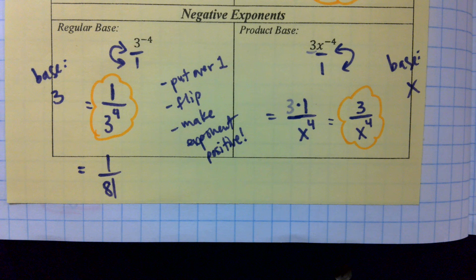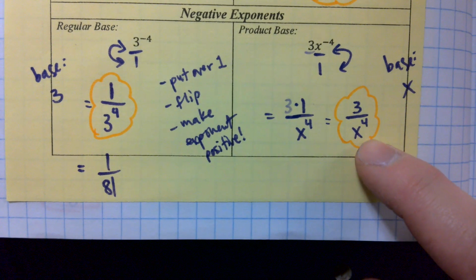If I then take this, put it over 1, flip it around and make it positive, that didn't touch the 3 at all. It has nothing to do with the 3, right? Well, now if I'm multiplying a whole number by a fraction, I'll multiply by the top. So now my 3 is up there, and my x to the 4th is still down on the bottom. That's exactly what we got, right?